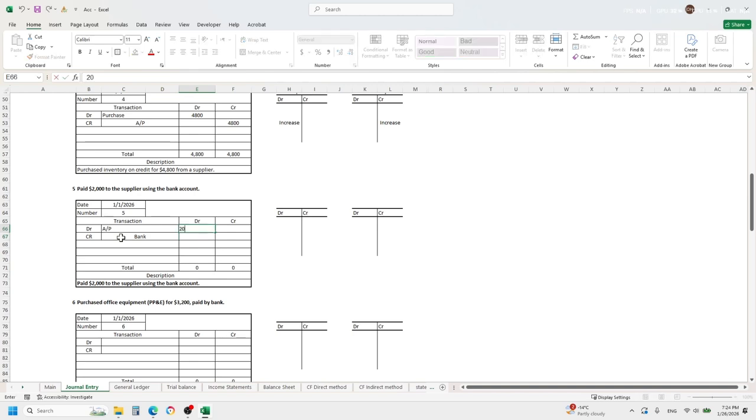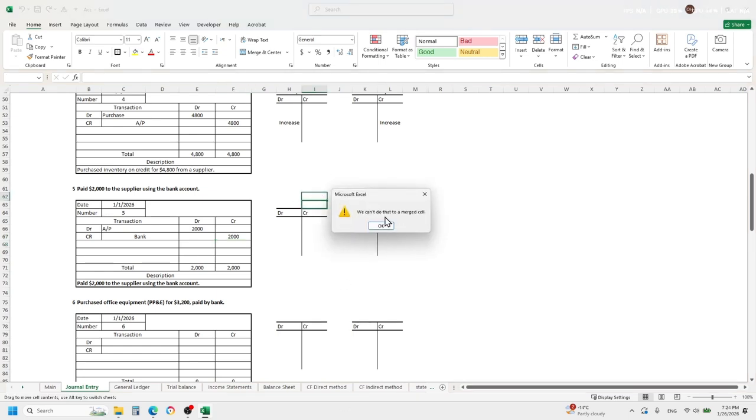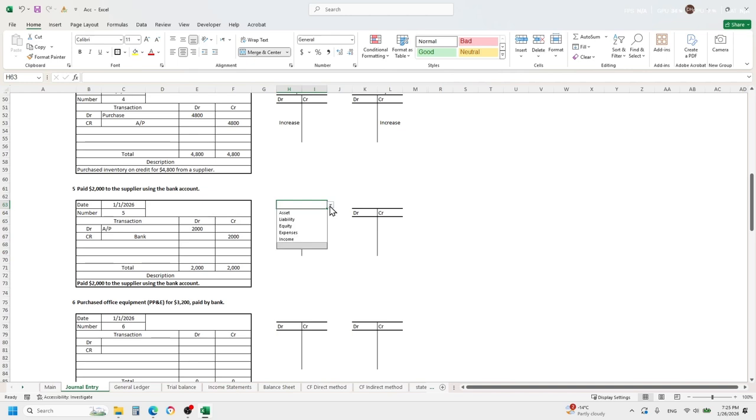The amount is 2,000. Now the liability decreases, so we debit, and assets decrease, so we credit.